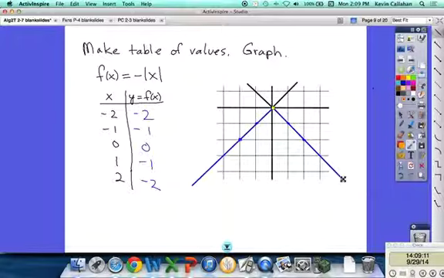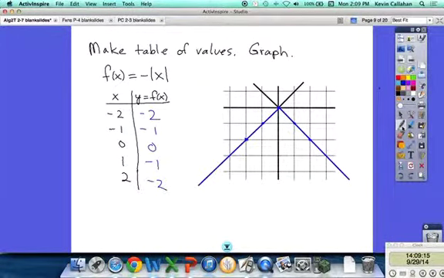So how would you describe what looks like just happened to our graph? Yeah, most of the time what we say, just the common talk, is it flipped. It flipped across the x-axis. That's not what they say in the book. They call it a reflection in the x-axis. But if you say a flip across the x-axis, that's fine too. So this here looks like a flip.